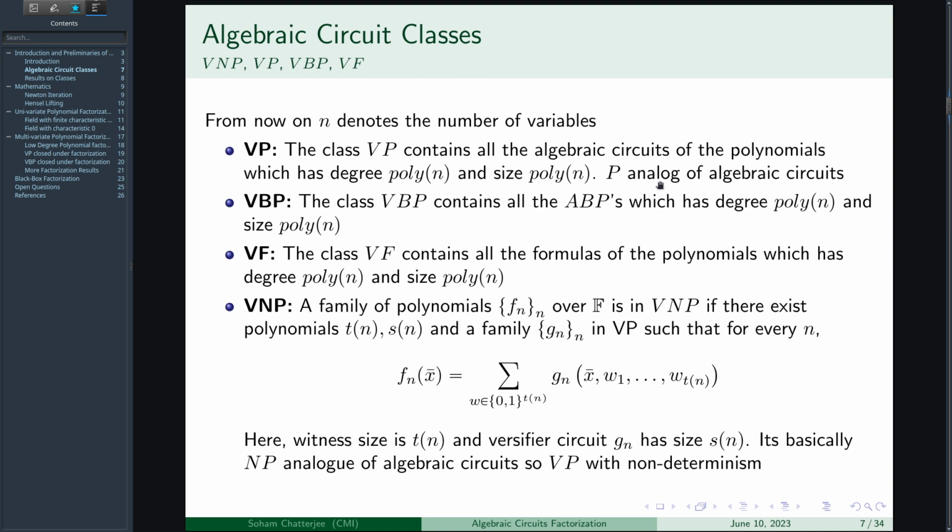Then you introduce another family g_n where you sum over all possible values of these w's, evaluate the polynomial in those variables, and sum over all of those. So it kind of gives an NP definition vibe. That's why VNP is the NP analog.